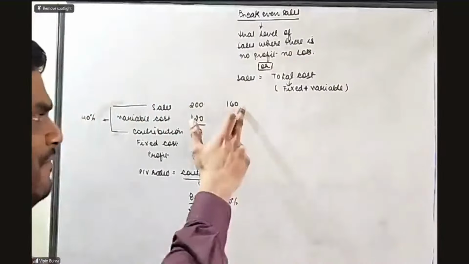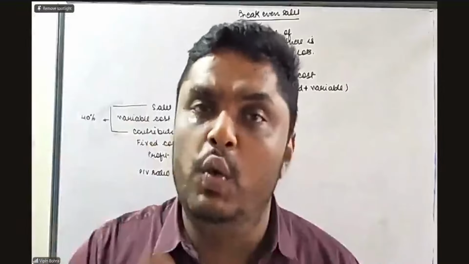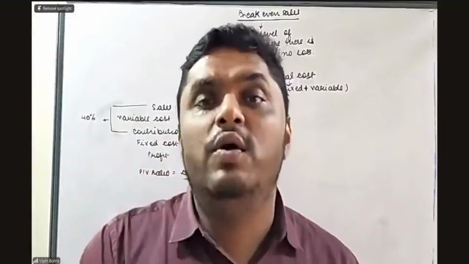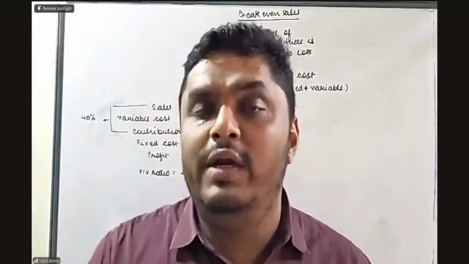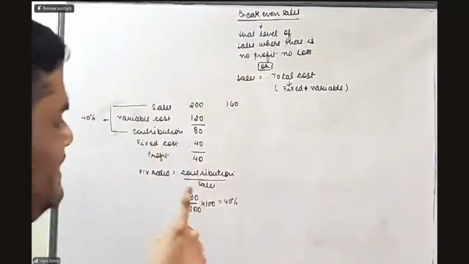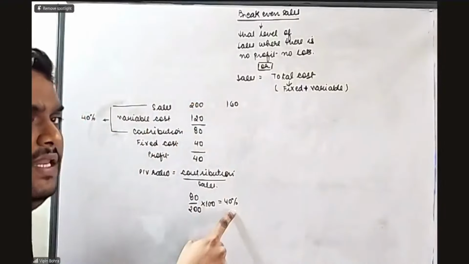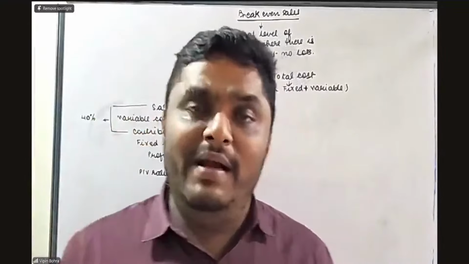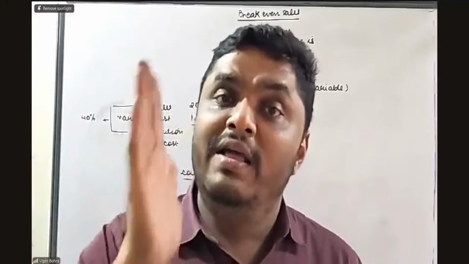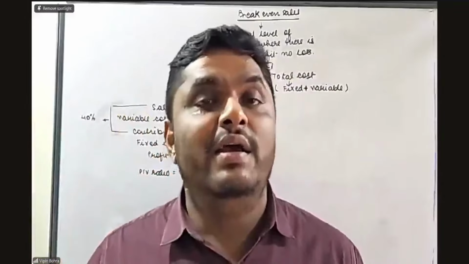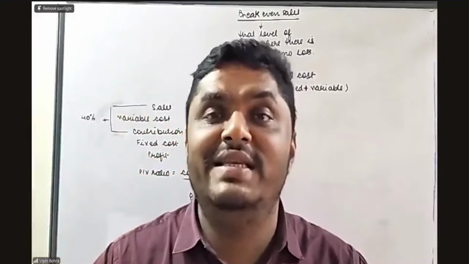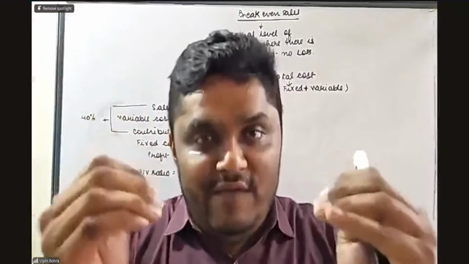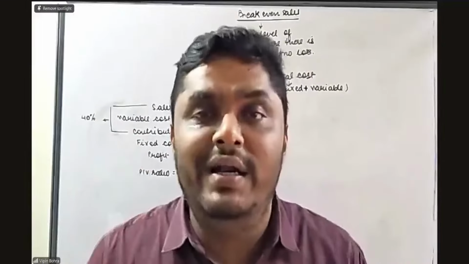As many posted this answer 160, and now they are saying that my answer is incorrect. If the sales is reducing to 160, my variable cost will reduce proportionately, and my contribution will reduce proportionately. We have calculated the PV ratio, that is 40%. As I told you, in a long discussion, if the question is silent, assume that if the sales is increasing, quantity is increasing; if the sales is reducing, quantity is reducing.